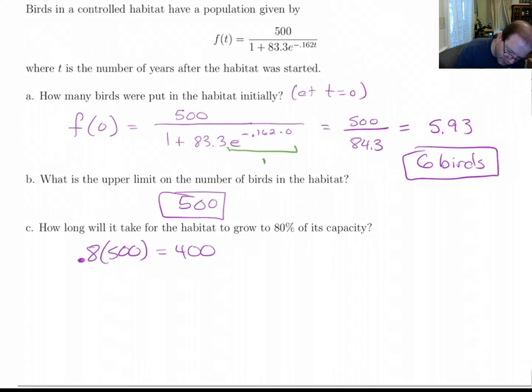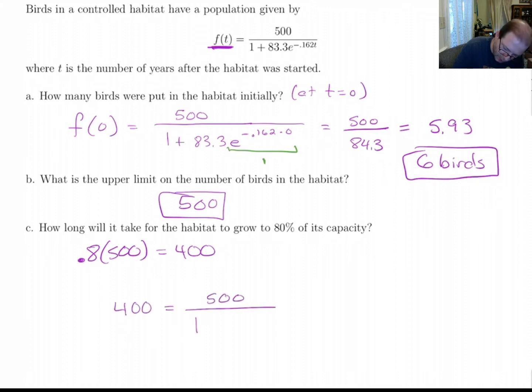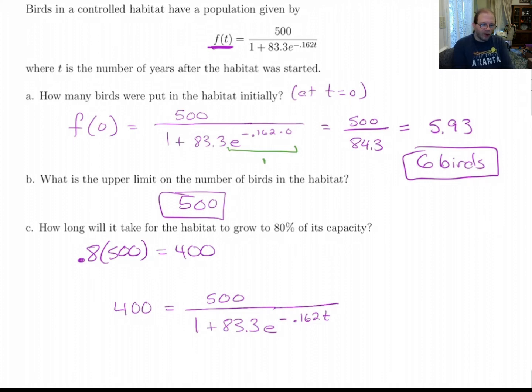So what we're going to do here is put 400 in for the population: 400 equals 500 over 1 plus 83.3 e to the minus 0.162 t. You've got to solve this for t. It looks like it's a bit of trouble, but it's not going to be that bad. The first thing I'm going to do is divide both sides by 500.